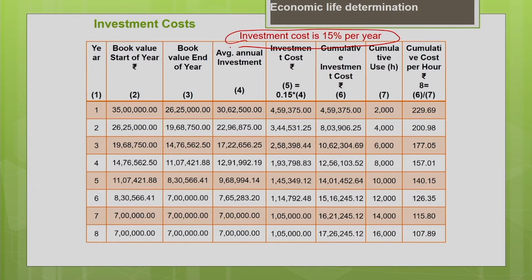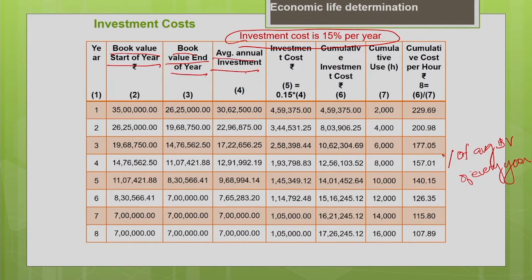Now, we are going to calculate the investment cost for the entire useful life of the machine. And we will calculate the investment cost as a percentage of the book value of the machine. Here we are taking the average book value for every year. So, I need to know the book value at the beginning of the year and the book value at the end of the year to find the average book value of the particular year.